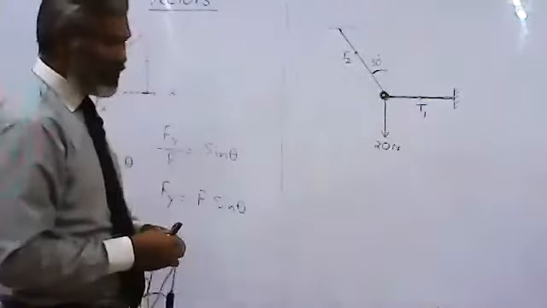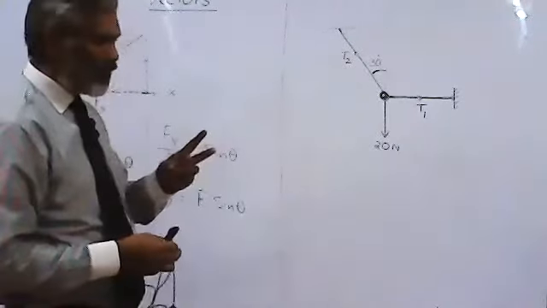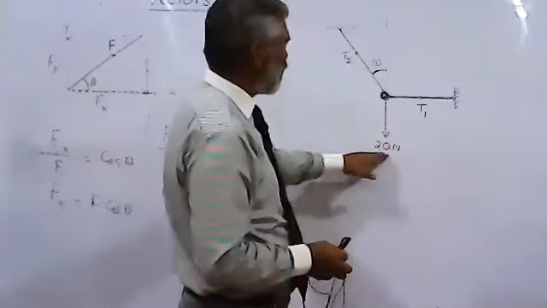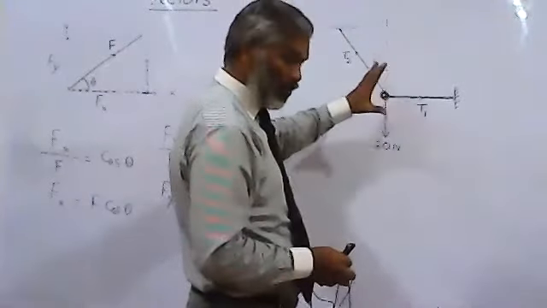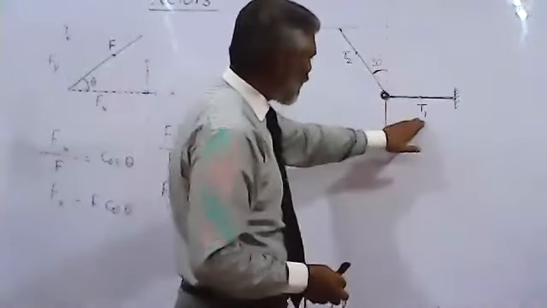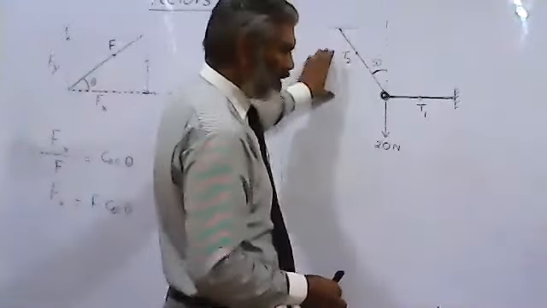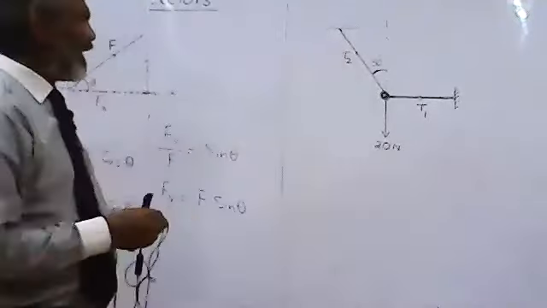So this is a situation in which you have two knowns and two unknowns. This is known, this angle is known. So two knowns and two quantities are unknowns, tension in this string and tension in this string. The idea is to solve this for T1 and T2, so we know what tension we have in this string and what tension we have in this string.